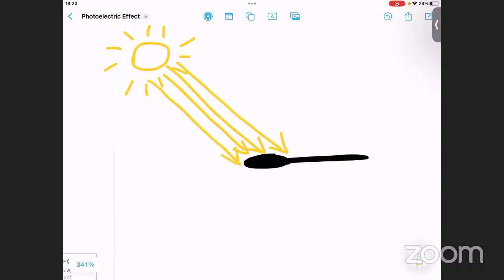Depending on how powerful this sun is, honorable members, meaning depending on the energy that this sun has, it has a potential to release or remove electrons from this spoon.